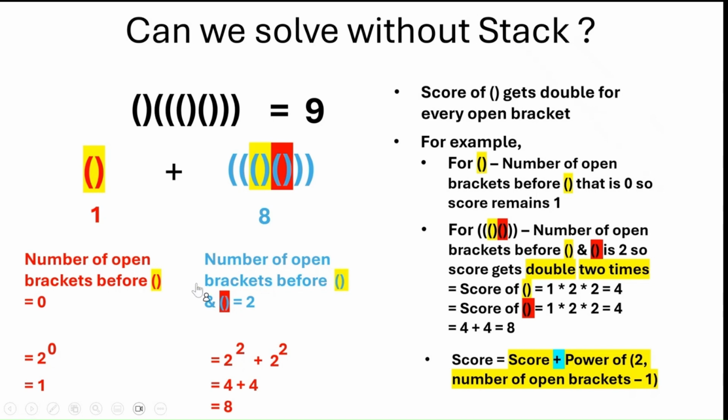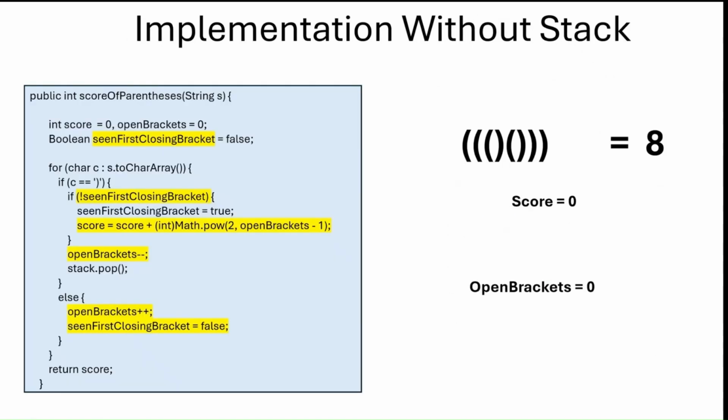So let's understand how we can implement this idea. Based on the points which we discussed in the previous slides, let's understand the implementation without using a stack. We are maintaining two variables here. One is score, which represents the overall score, and one is open brackets. It is a counter which tracks the number of open brackets till now.